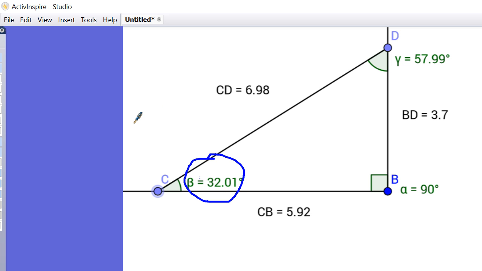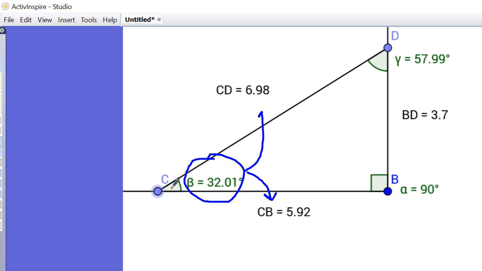And when this is 32 degrees here, and I choose two side lengths, that side there and this side here, they will always be in a very particular ratio. So in this case, this is the hypotenuse and the adjacent, so that's the cosine function, or cos. Don't worry, I'm coming back to that. You don't need to worry about that at the moment.